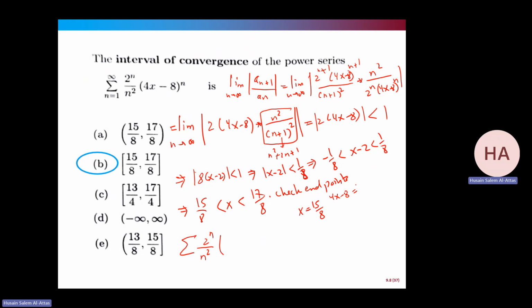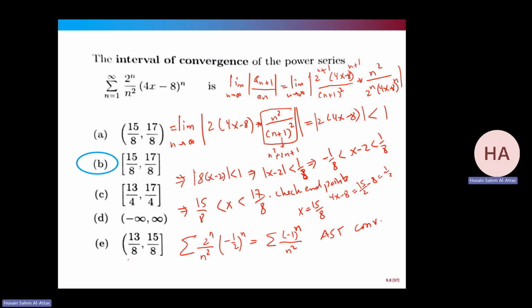That is 4 times 15 over 2 minus 8, and 8 is 16 over 2, so this is minus half. So I have minus half to the power n. That gives me the summation where 2 to the power n cancels. I have minus 1 to the power n over n squared, which is an alternating series. For sure, it will be converging.